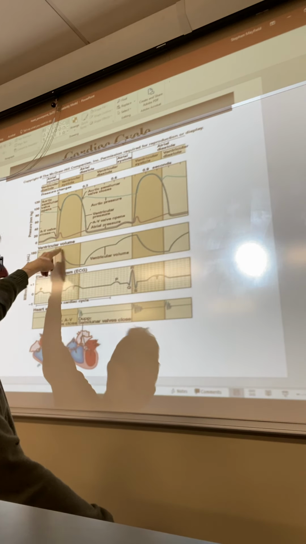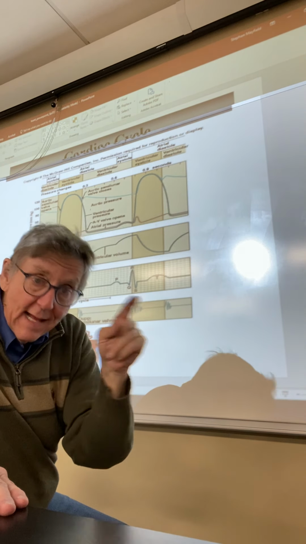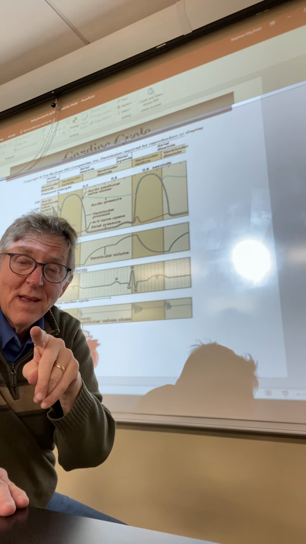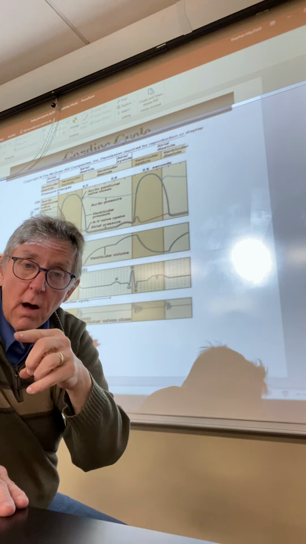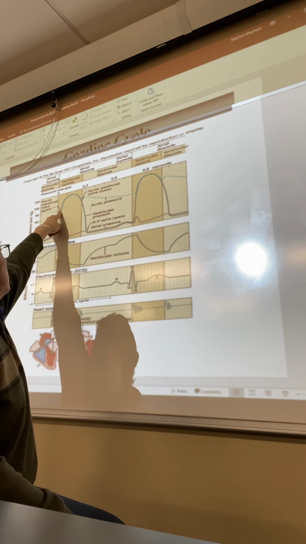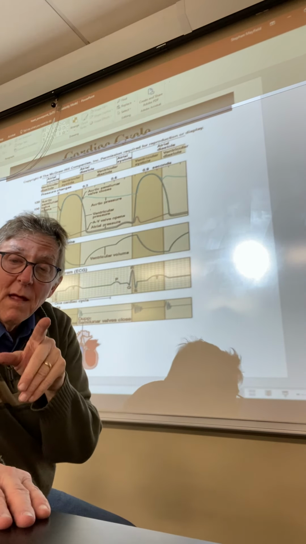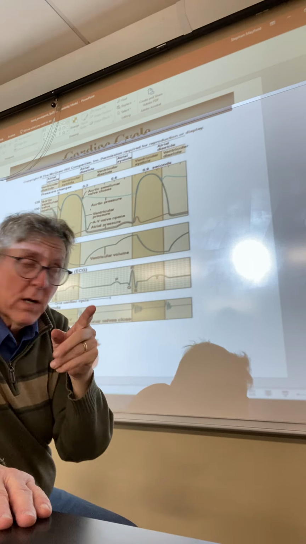And as this preload is rising and rising, it has to overcome what? It has to overcome the afterload. And we said the afterload is the pressure, this line here, in the arteries that is going to be overcome.